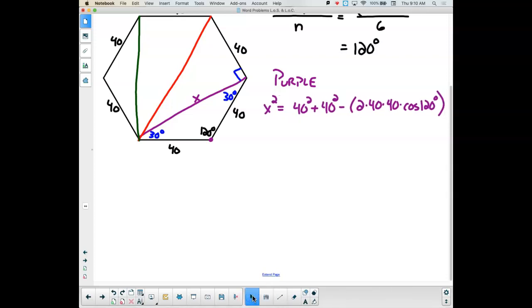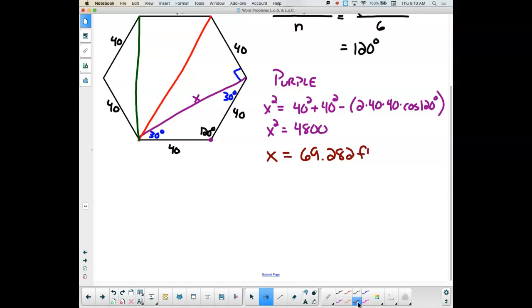So that gets me x squared is 4,800. So x ends up being 69.282 feet. Right?